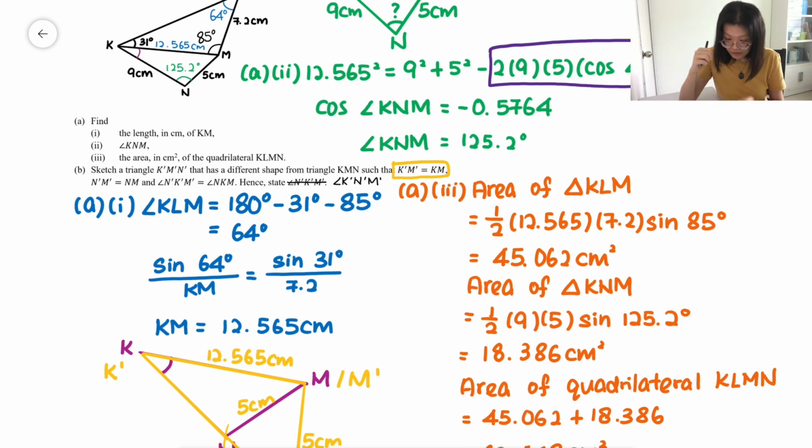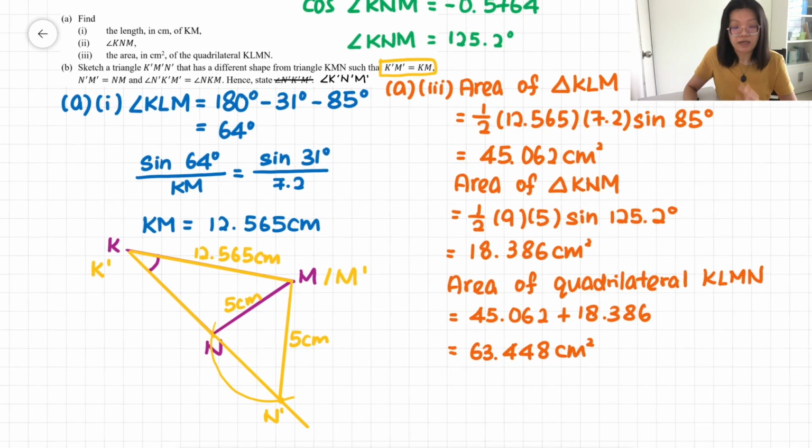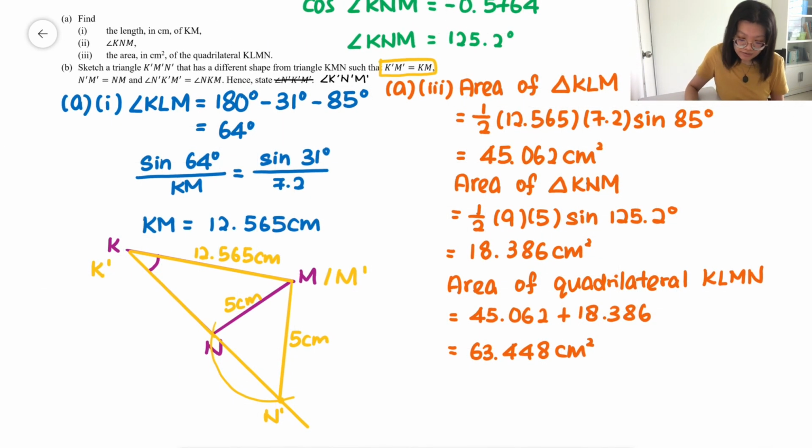The length of MN equals the length of M prime N prime, and the angle MKN equals the angle M prime K prime N prime, which means the angle never changed. You have to always check all three conditions before you finalize your answer. So this is done for part B, but don't forget, there's another question.